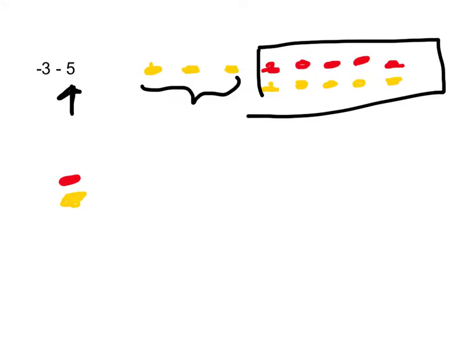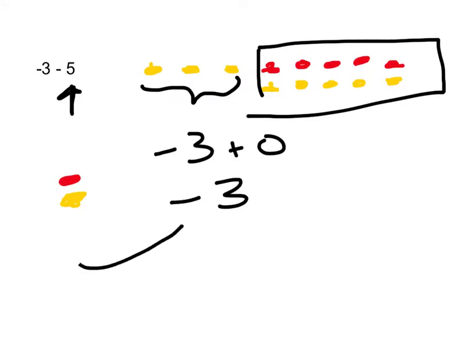Those are only half of my zero pairs. Here's the other half. So now I have my original 3 negatives, which is right here, and I've now added 5 pairs of 0. I still have negative 3 plus 0, which still equals negative 3. I have not yet done anything to change the first part of that problem.